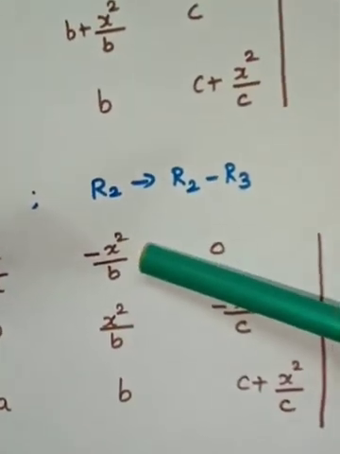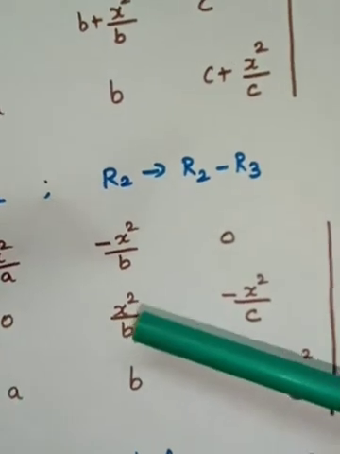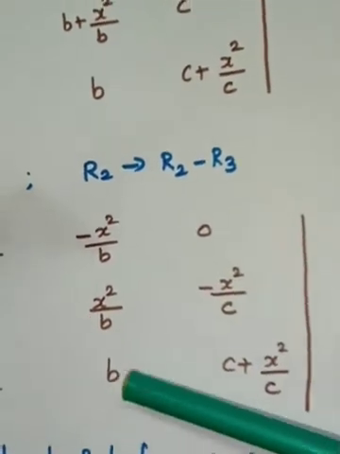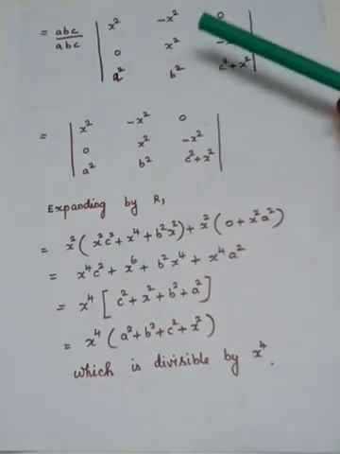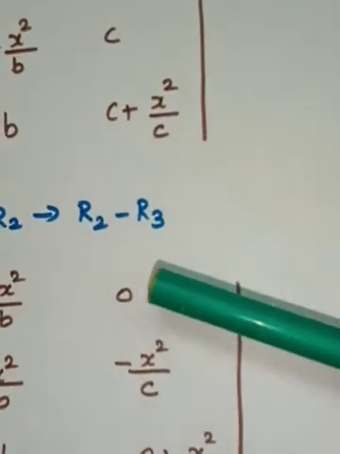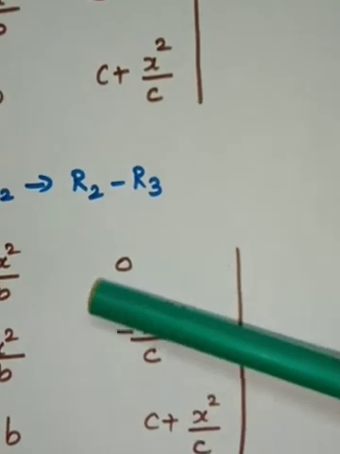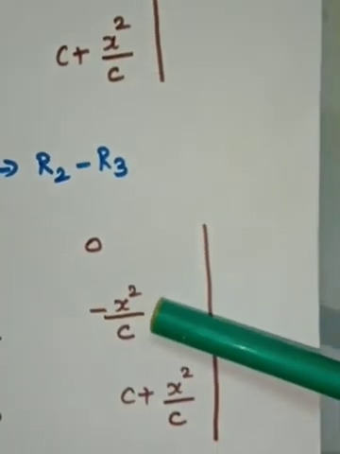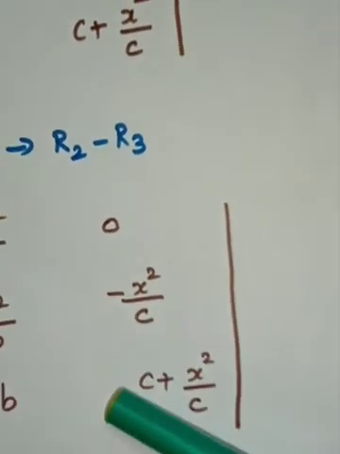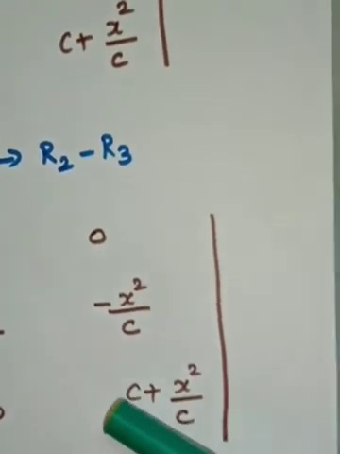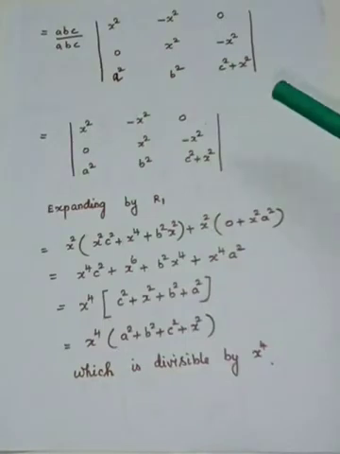Here you will have minus x², here plus x², here b². So minus x², plus x², b². From C3 this term is 0. So 1 by c is taken out, here you will have minus x². So from this, 1 by c is taken out, here you will have c² plus x².